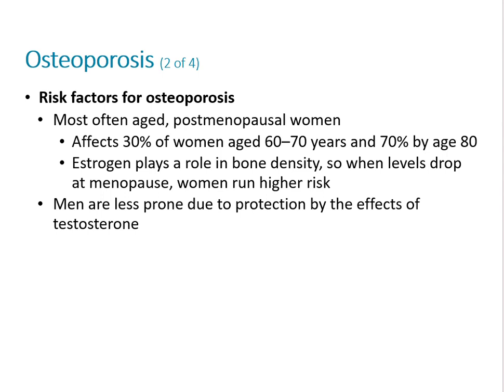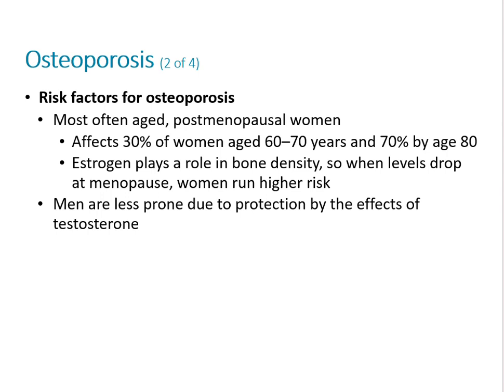Now there are our risk factors for osteoporosis. We tend to see it a lot in aged postmenopausal women. It actually affects 30% of women aged 60 to 70 years and 70% by age 80. That's because estrogen plays a role in maintaining bone density. And in menopausal women, we see a very drastic estrogen decrease over a pretty limited amount of time.